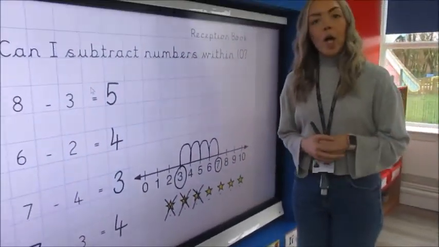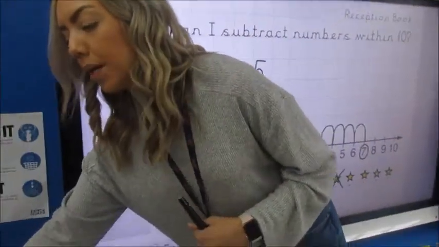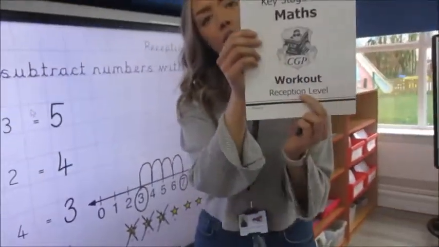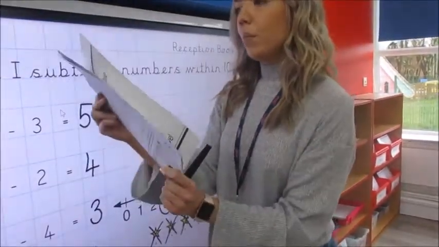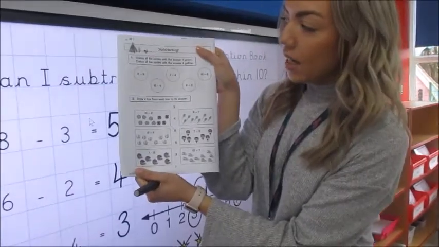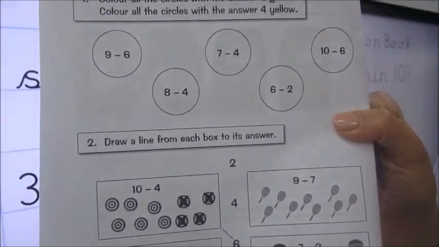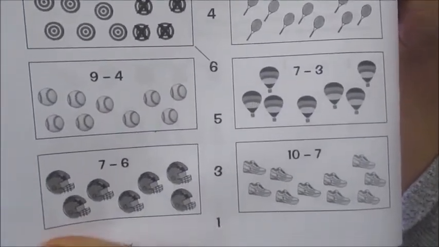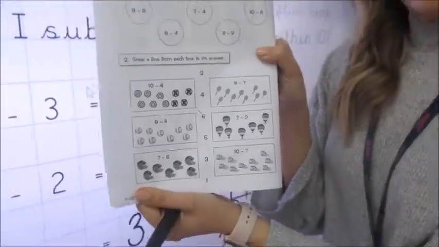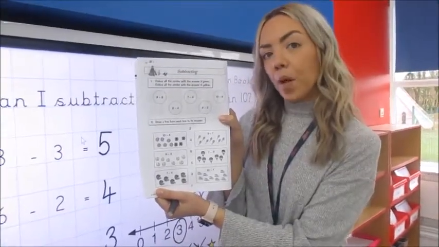Now in your workbook today, if you have got the reception book, which is this one here, you are going to be working on page number 14. You have got some different ways of solving subtraction problems here today, and you can use any of the methods that we have just discussed together to solve them, okay?